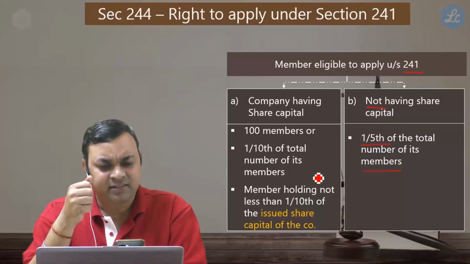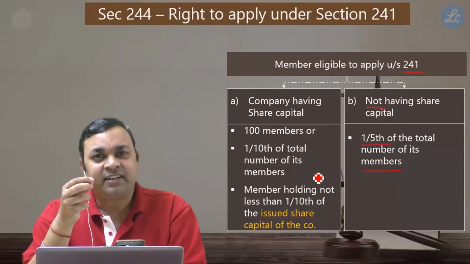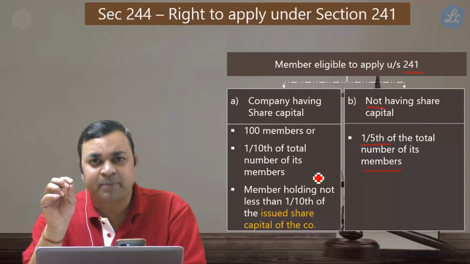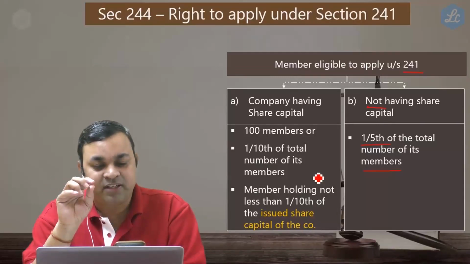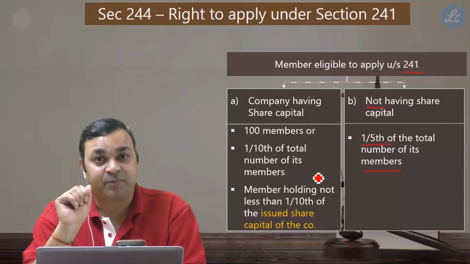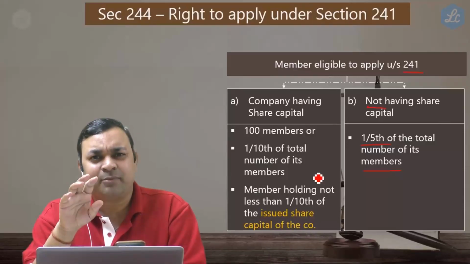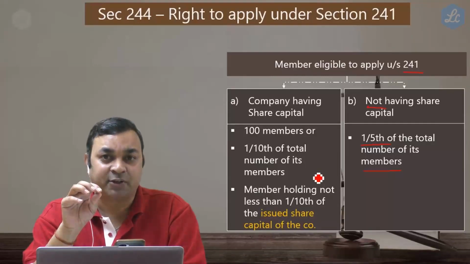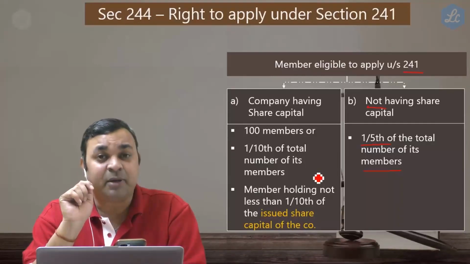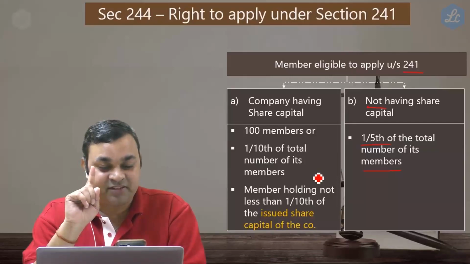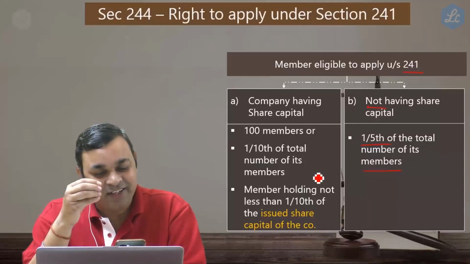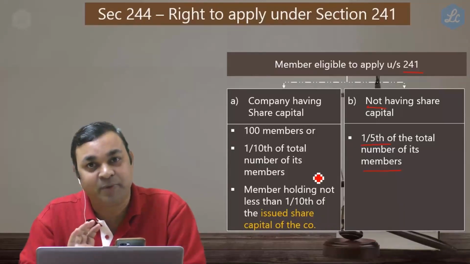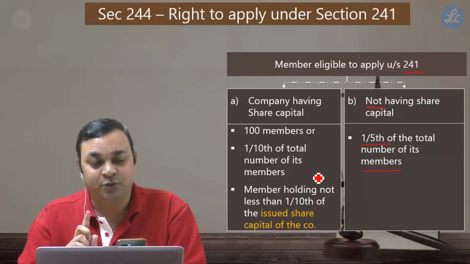In that case, what will they prescribe? Like 99 members make an application and they will provide that there are 1200 members, and out of this only 99 members make an application. You will calculate that out of 1200 members, minimum 100 members are required, 99 members applied, so there is a deficiency of only one member. So you will directly go towards the answer that members are not eligible to make an application under section 244.